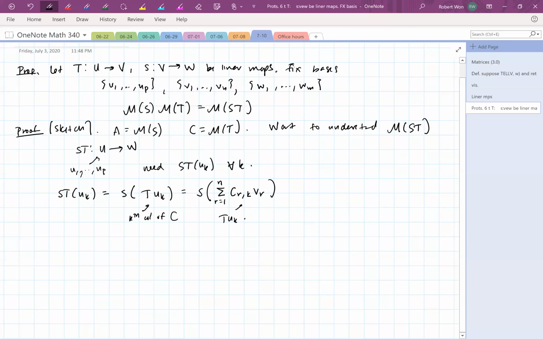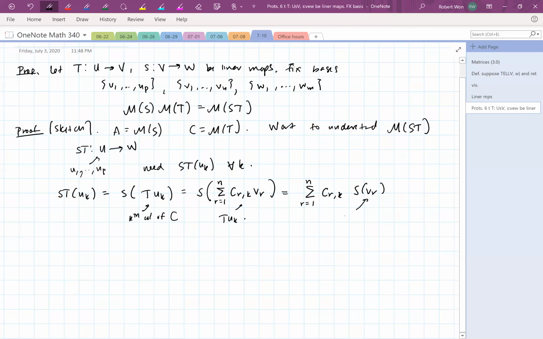Well, now this is a sum, and S is linear, which means that I can push it through the sum, and I can also pull out scalars. So since S is linear, this is the sum r equals 1 to n of c_rk times S of v_r. Okay, well, what is S of v_r?